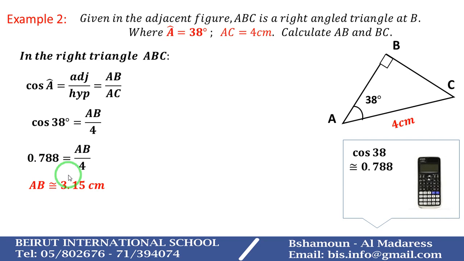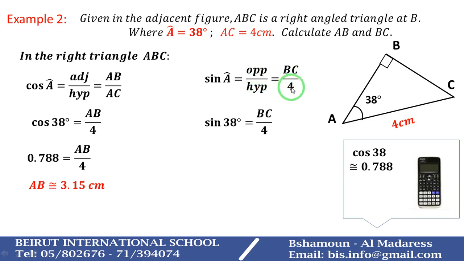Now to calculate BC, which is opposite to A, we can use sine A. It will be opposite over hypotenuse. Opposite is BC and hypotenuse is 4. Sine A equals sine 38 degrees, which will equal BC over 4, the length of the hypotenuse.